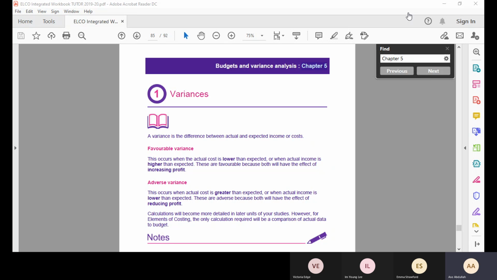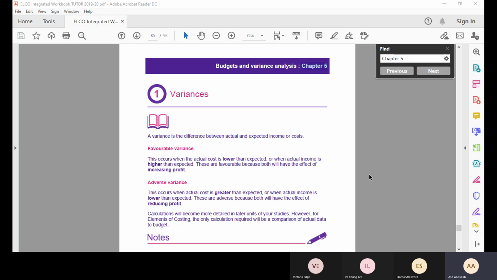Okay, so this is the variances. Obviously, it is between the actual and budgeted. So favorable, always we have two types of favorable, for income and for cost. So we're looking at budget and actual.